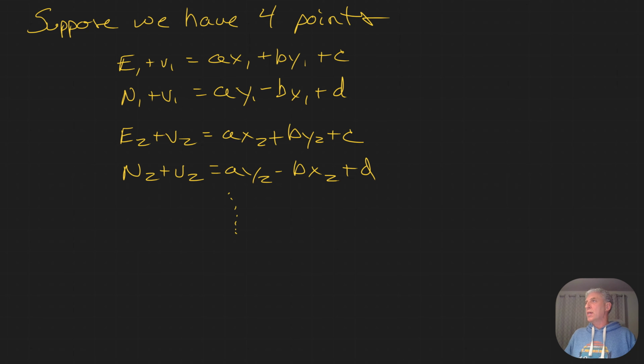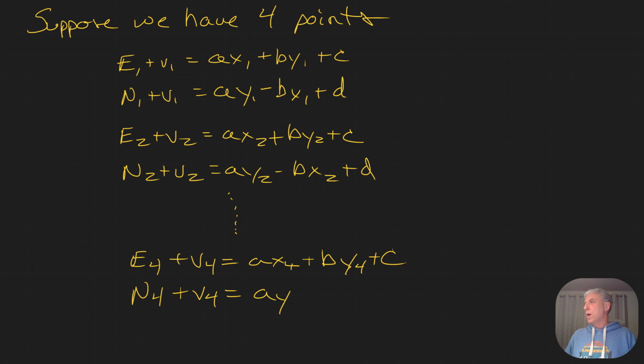We do the E and N3, and then finally E sub 4 plus V sub 4 equals A x sub 4 plus B y sub 4 plus C, and N sub 4 would be A y sub 4 minus B x sub 4 plus D.